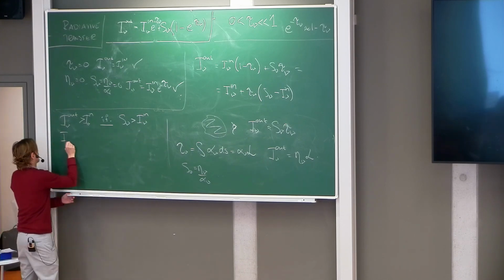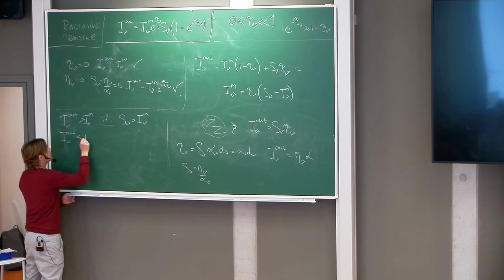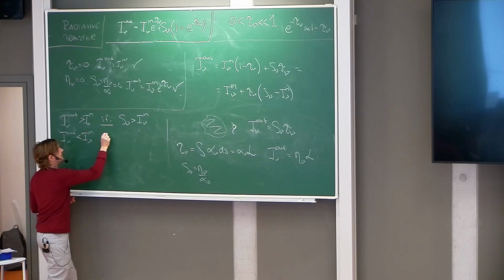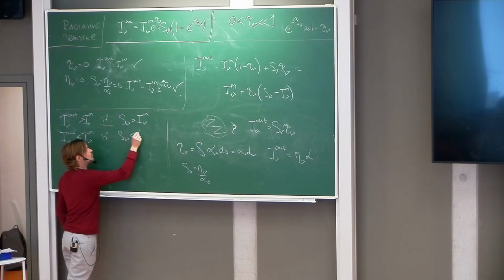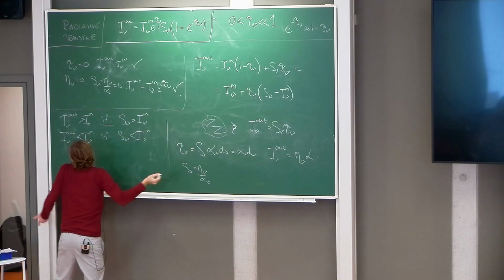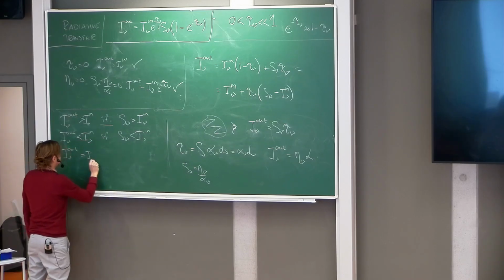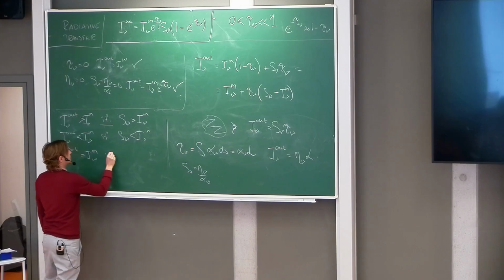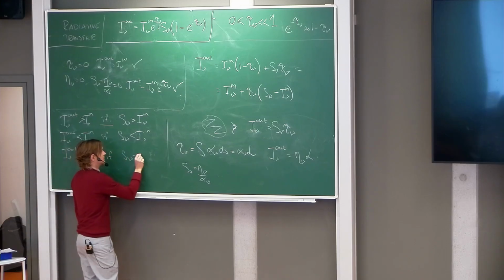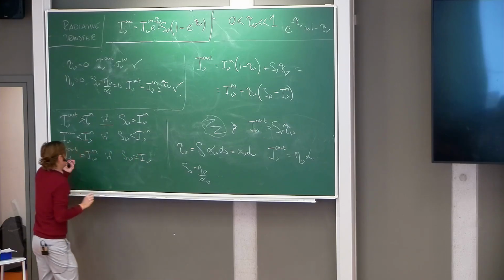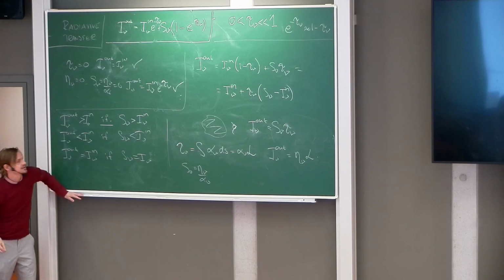Similarly, I_nu out will be smaller than I_nu in if S_nu is smaller than I_nu in. And if they're equal, then as much is added as is subtracted, so to speak. So then we just see the background source, right?